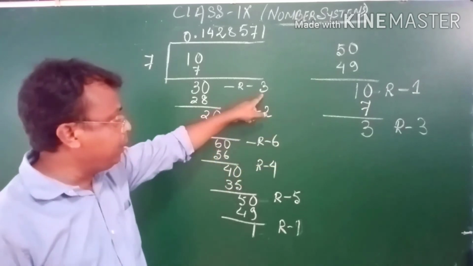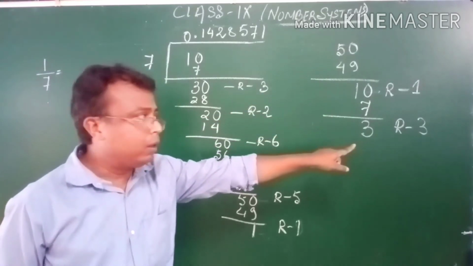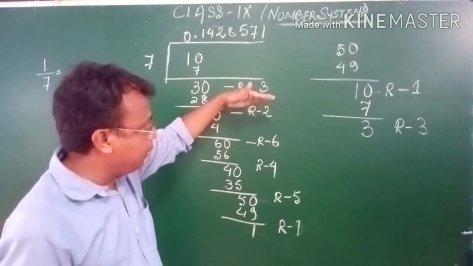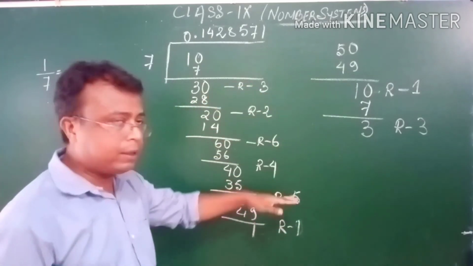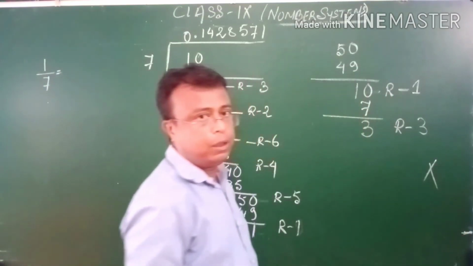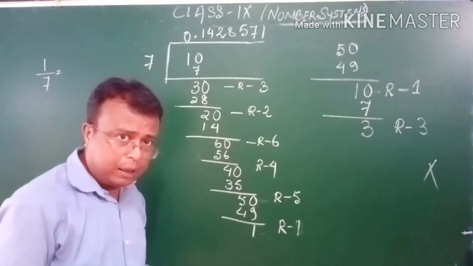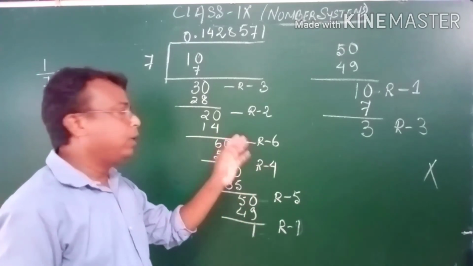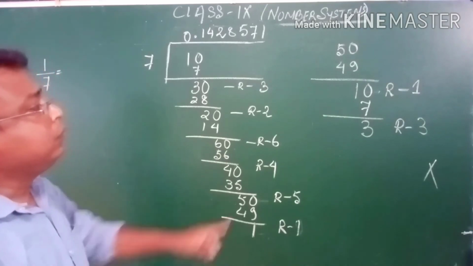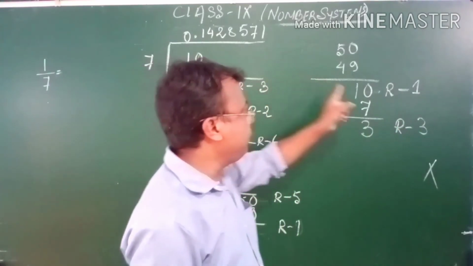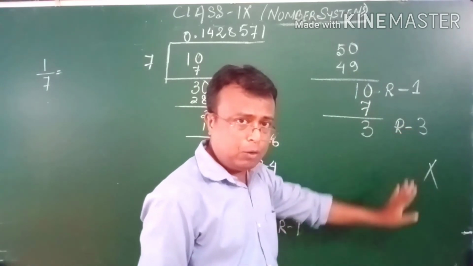Now the remainder 3 starts repeating. If we go on proceeding, you will get remainder 2, 6, 4, 5 again and again. So now you stop. Here it is a non-terminating decimal, meaning after the decimal it will never stop. Now you see the remainder 3 is repeating. Now you stop.